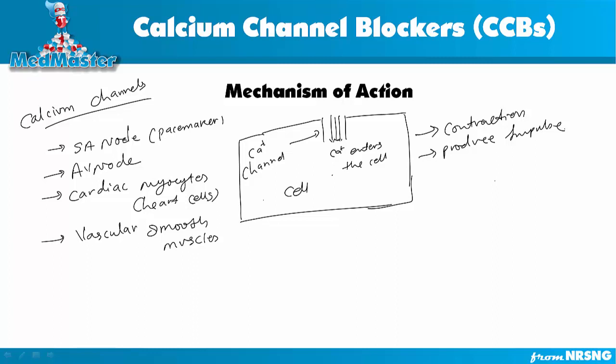However, we need to know that when calcium enters the cell, it causes a contraction and also produces the impulse. So calcium channel blockers block these channels. When they block, they don't allow calcium to enter the cells, and it prevents contraction.